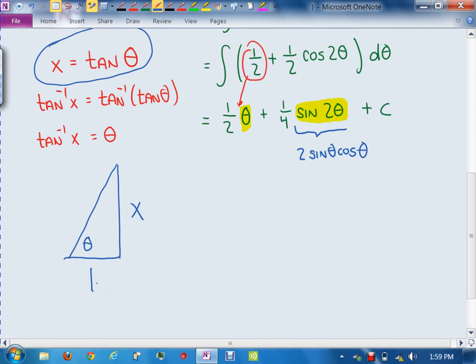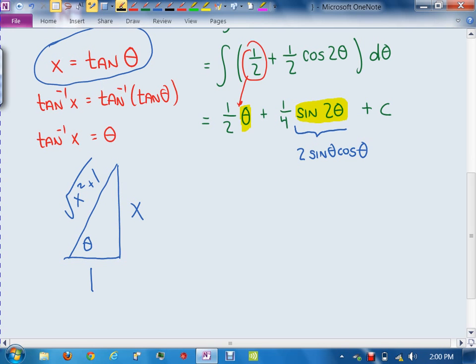Do you agree this triangle says that tangent theta is x? Yes. And that means the only thing that this side could be is the square root of x squared plus 1, right? Do you know what sine is now? Opposite over hypotenuse. What's cosine? 1 over the hypotenuse, right?